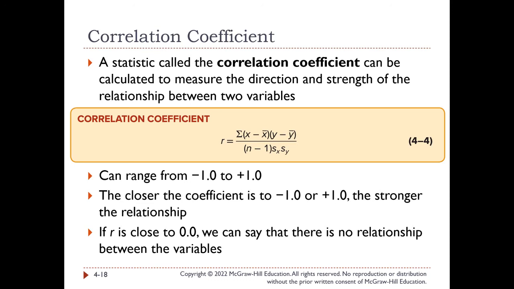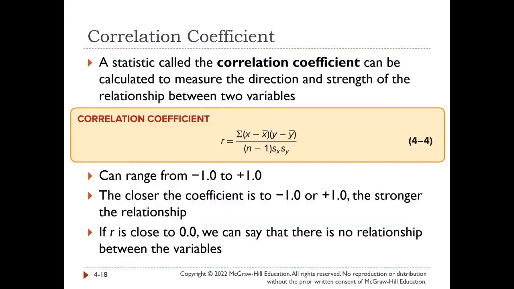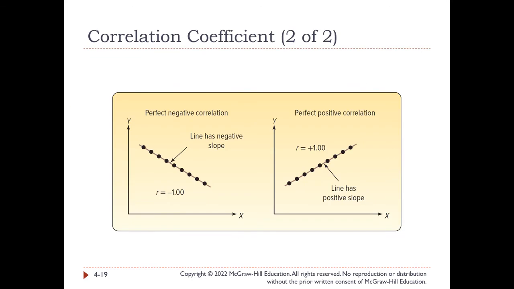Fun. And then we're going to divide by n minus 1, the number of data points, then times the standard deviation of x and the standard deviation of y. I know, sounds so fun. But of course, we'll show some other examples later on, because this one doesn't really have an example.